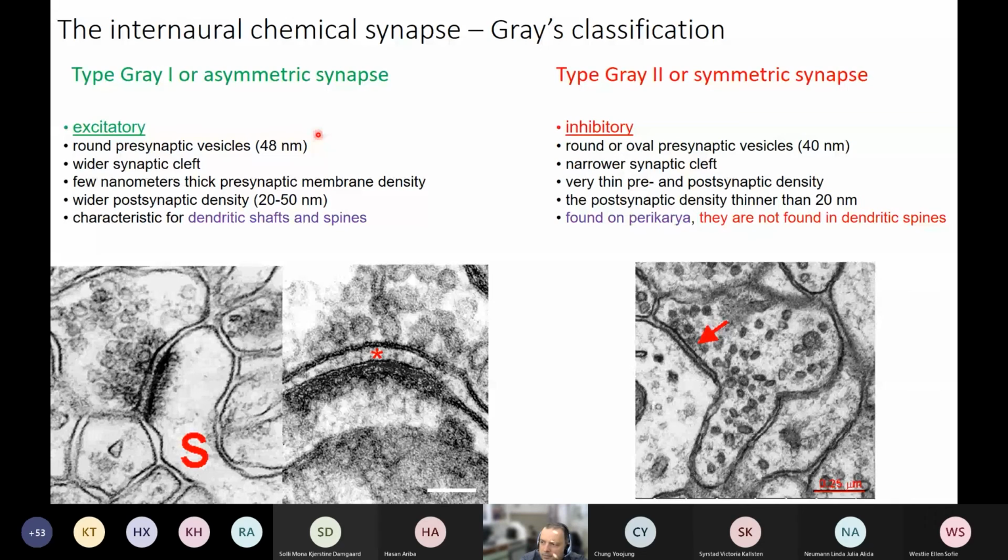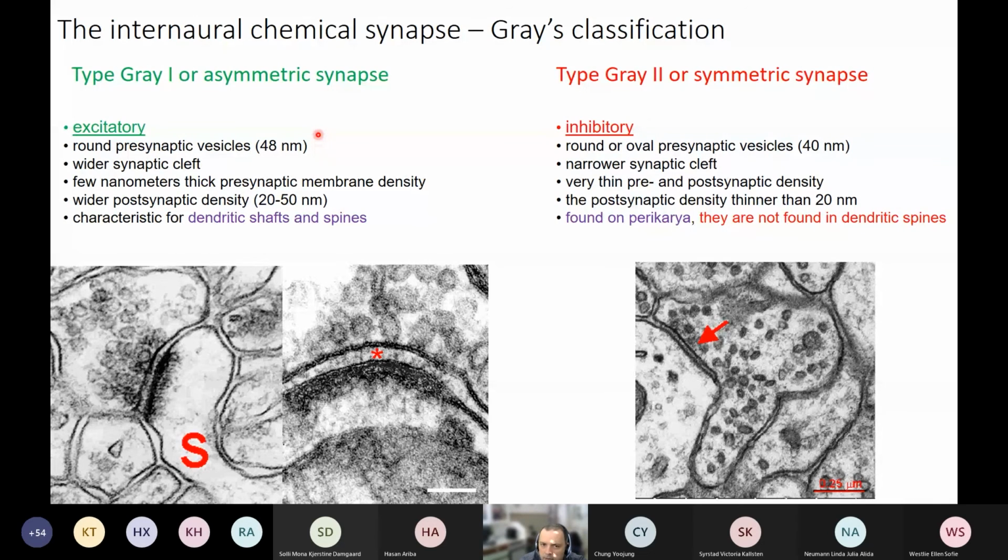But if we check the function of the synapse, and also the morphology, which of course is interrelated with the function, then we come to another classification which was defined by Gray. There is the type 1 synapse and a type 2 synapse according to Gray.